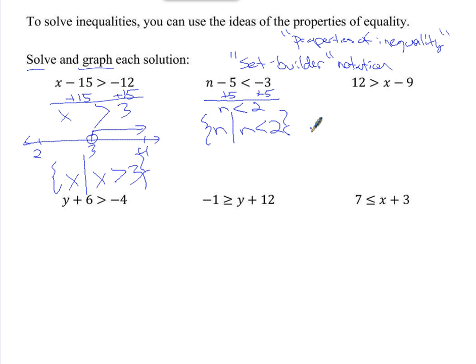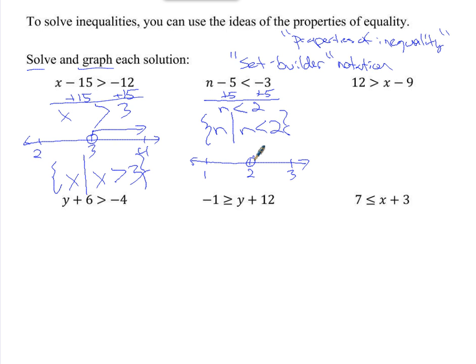Now I just need to graph it. Draw my number line. Dead center goes 2. And then give me a couple numbers, 3 on the right side and 1 on the left side. And now what? We need a dot for sure. This says just less than, not less than or equal to, so this is an open dot.